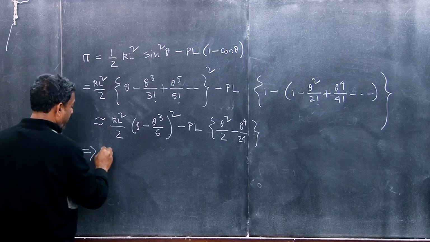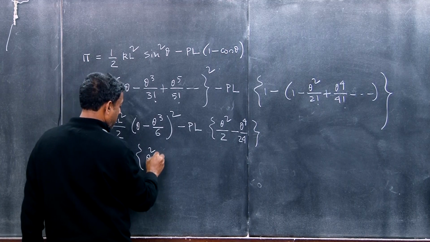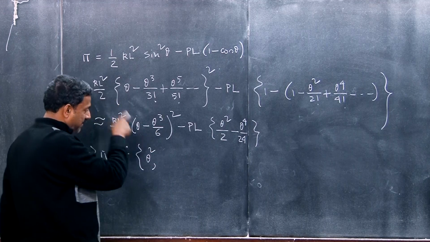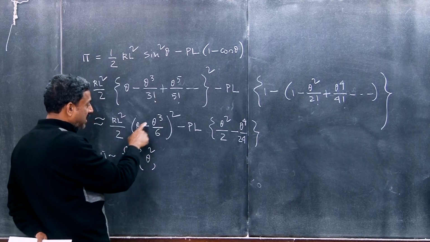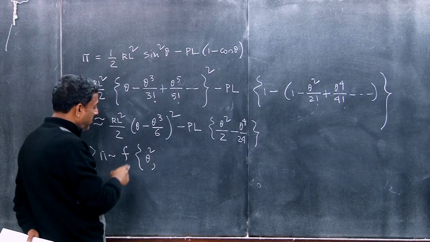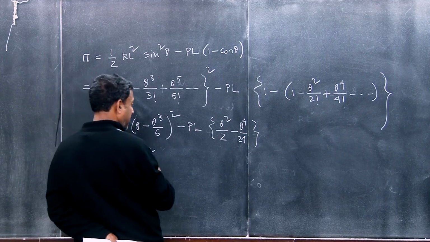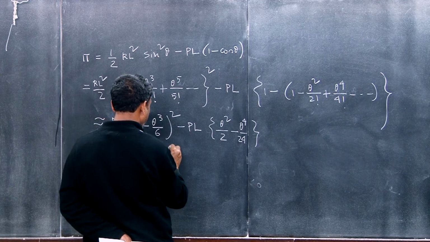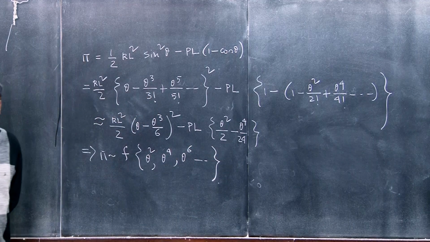Now, you see that phi becomes a function of theta square, theta to the 4, theta to the 6. So, here also there is a quartic term. Theta square, theta 4, theta 6, all are even terms.